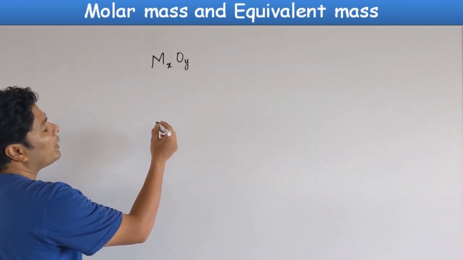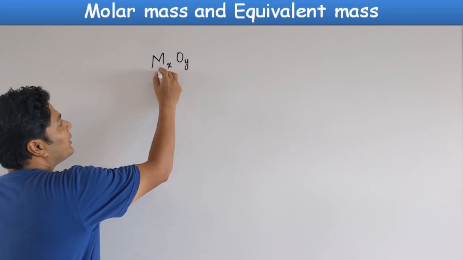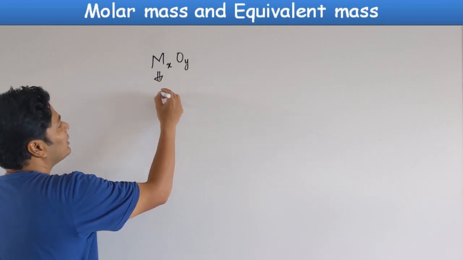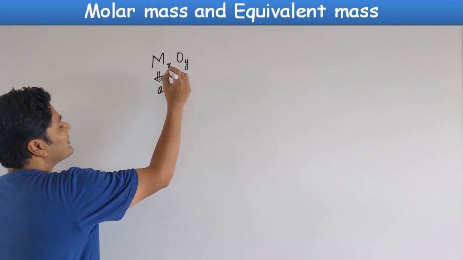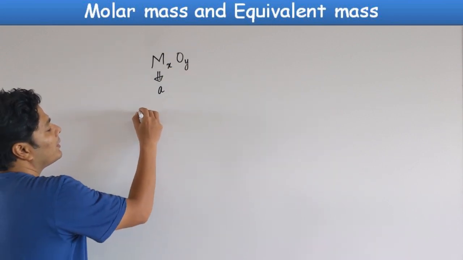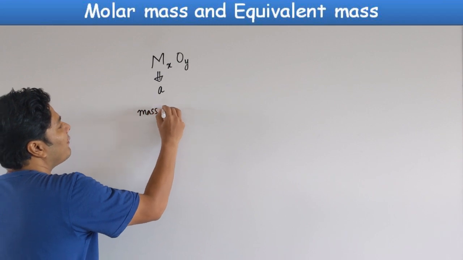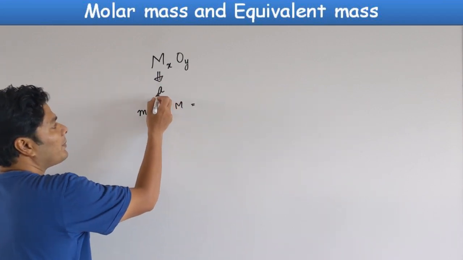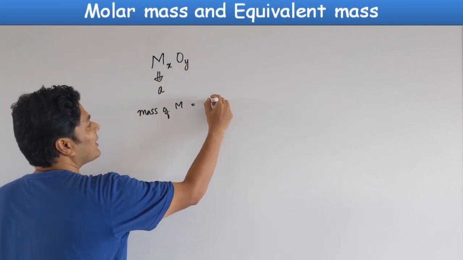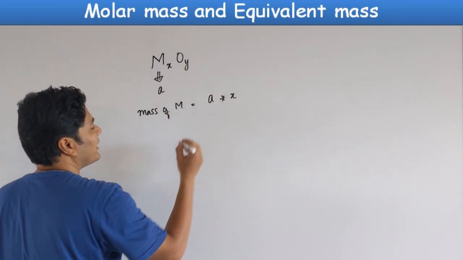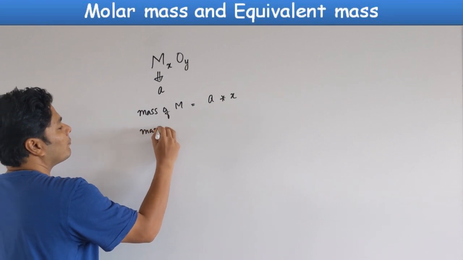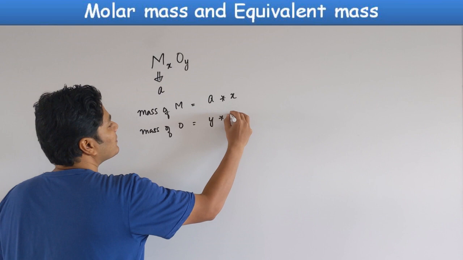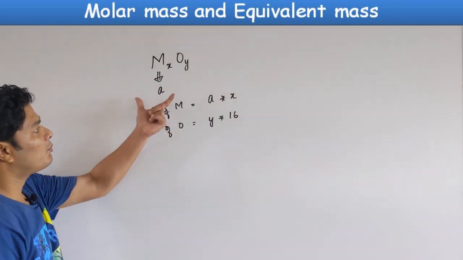Now what you want to do is, first let's assume that the atomic weight of M is any symbol that you want. Let's say, for example, I take it as A. So I have mass of M equals atomic mass times the number of atoms, A times x. Mass of oxygen will be y times 16, just like calculating our molar masses.